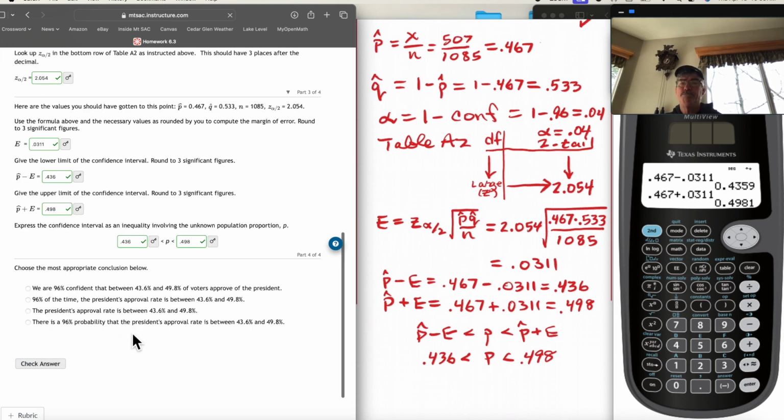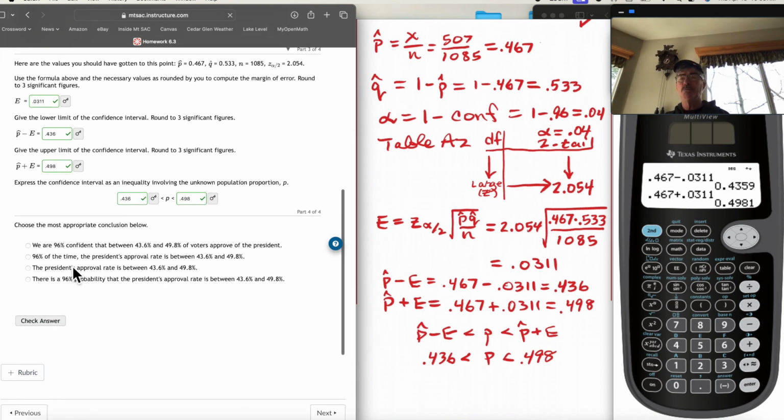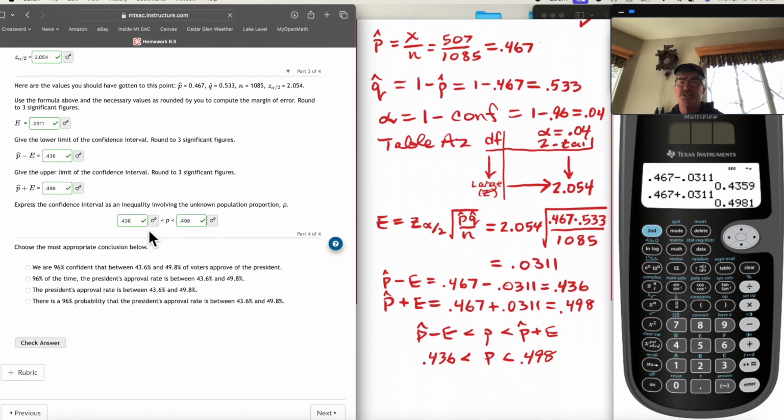Should be okay. And again, we just talked about how confident we are, not that the probability is 96%, because this is already either true or false. This statement, if it's true, then obviously there's a 100% chance. If it's not true, then there's a 0% chance.